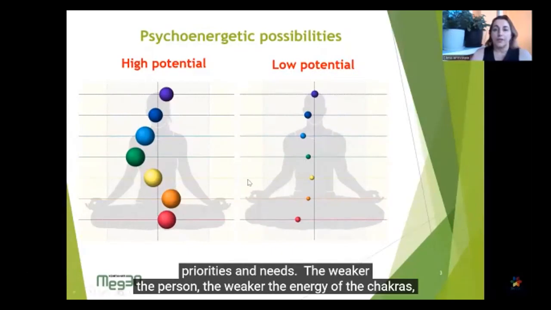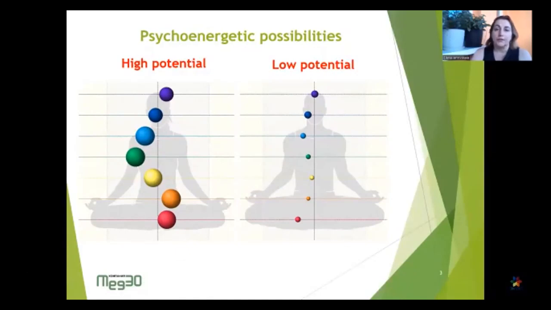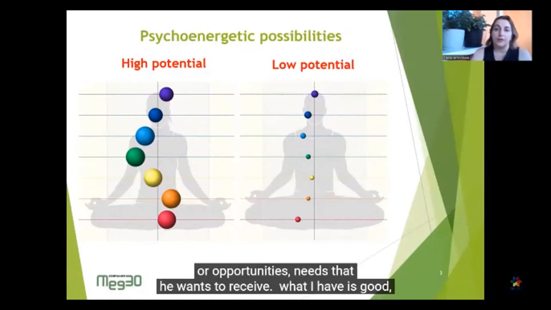If the person is weaker, with less energy in the chakras, there is less chance to achieve anything, to attain goals, and the opportunities go down.